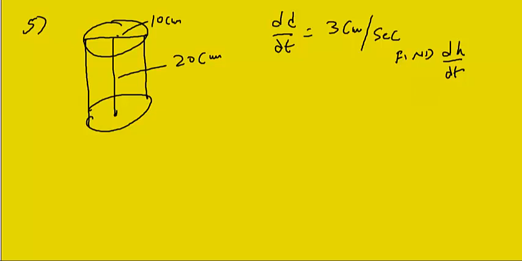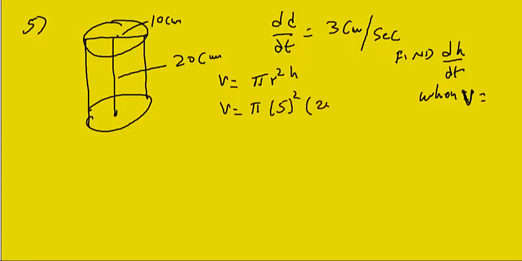So first of all, that means the volume can't change. Before we can find out what the volume is, well, what is the volume of this cylinder to begin with? How do you find the volume of a cylinder? Pi r squared h. So the volume of this cylinder as is, it's going to be pi times 5 squared times 20, which is 25 times 20, so it's going to be 500 pi.